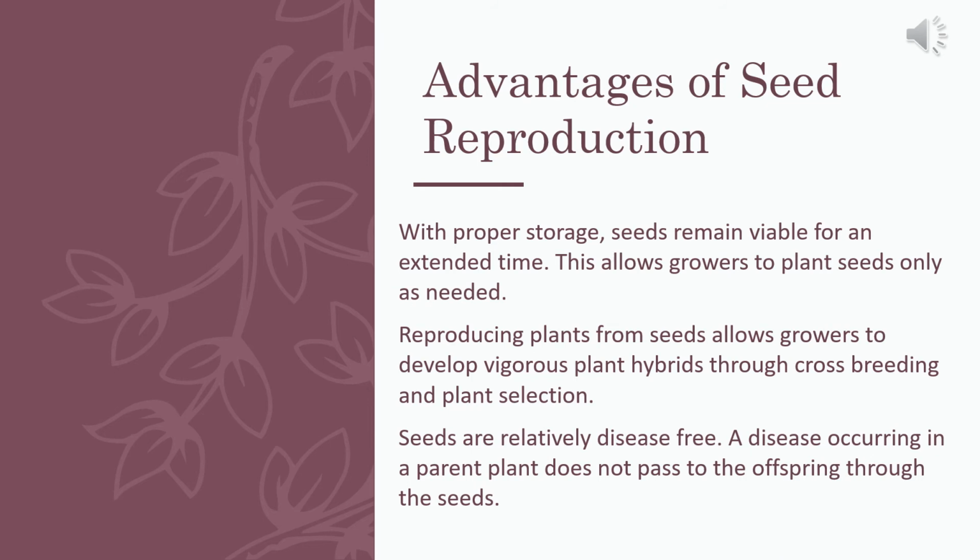Back to the slide. As we discussed in a previous lecture, reproducing plants from seeds allows for the potential of crossing genetic characteristics for a more vigorous plant. We call those hybrids that have the characteristics that we really want out of the new plant. Another advantage, and this is very significant, is seeds are typically disease-free.